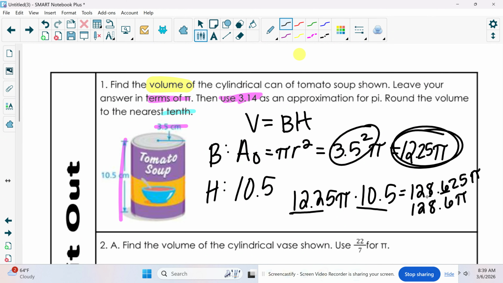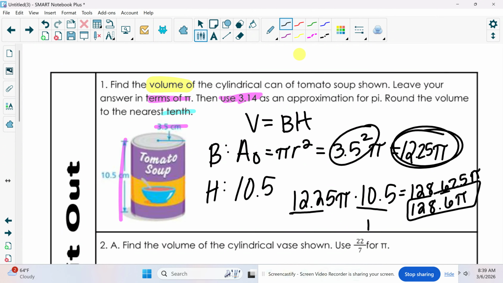That's in terms of pi. Okay, that keeps throwing y'all off. That's in terms of pi. If I wanted to use 3.14, I can take my base here, 128.6, treat pi like a variable, and replace it with 3.14.